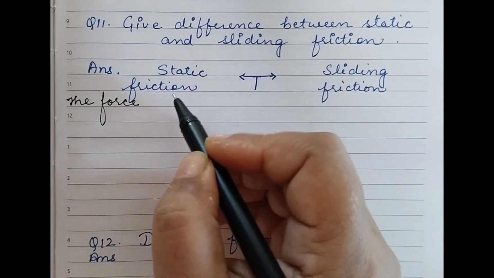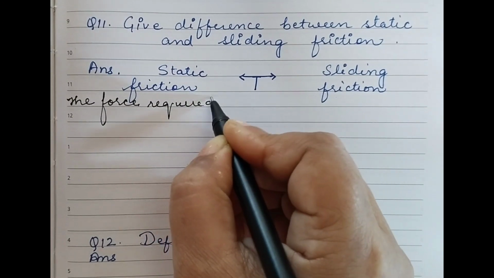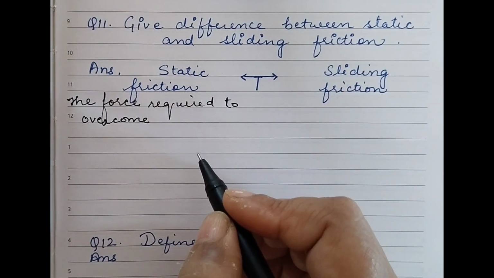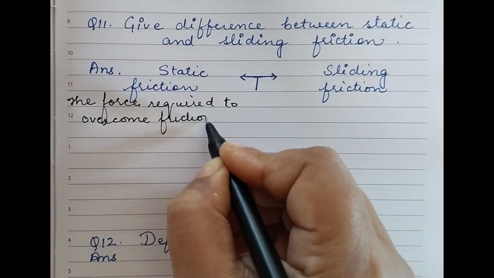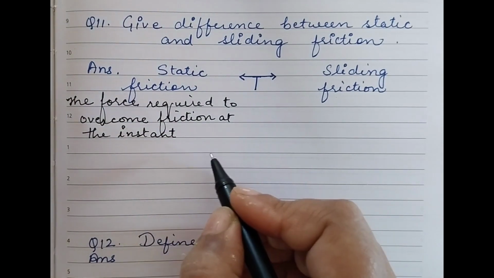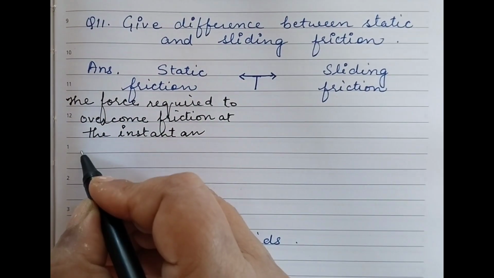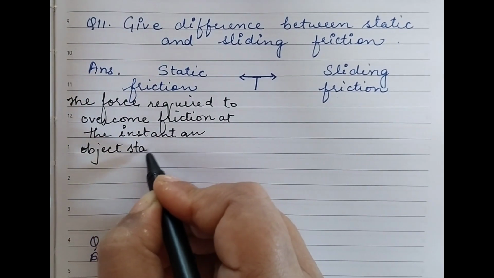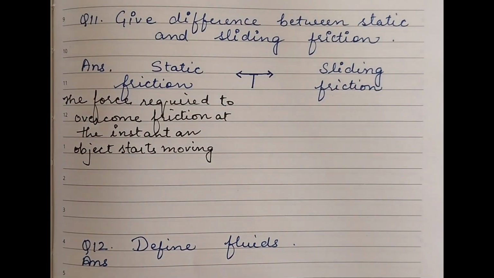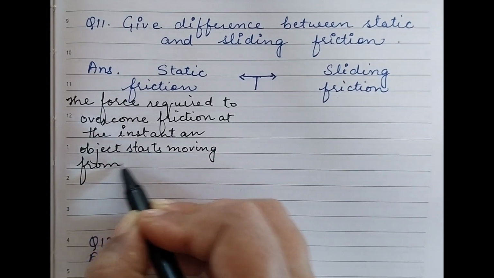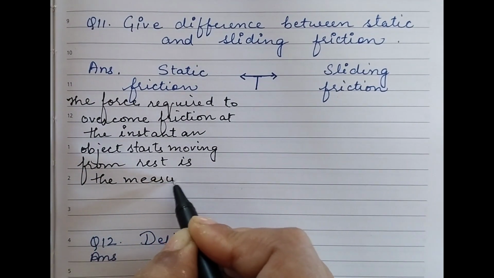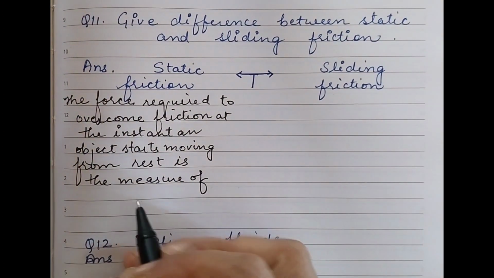The force required to overcome friction at the instant an object starts moving from rest is a measure of static friction.